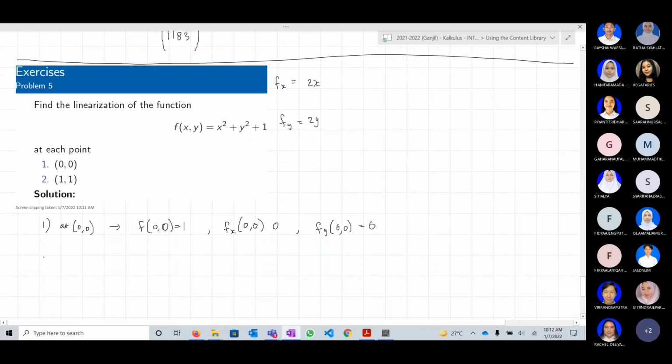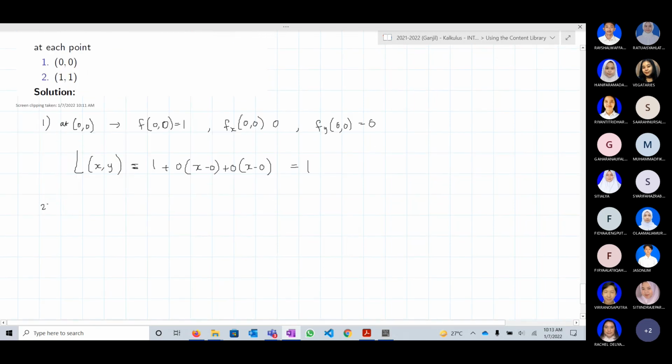So in this case, the linearization around 0, 0, L(x, y), is basically 1 plus 0 times x minus 0 plus 0 times y minus 0, which is equal to 1.